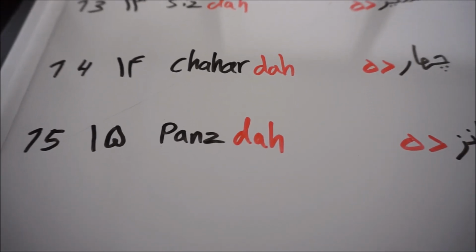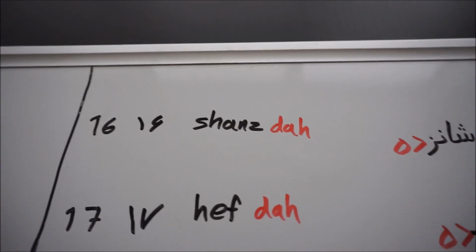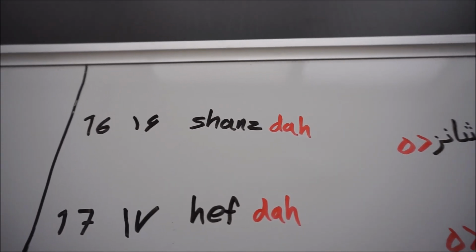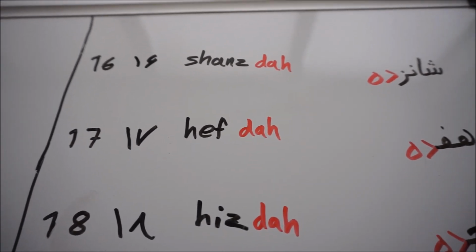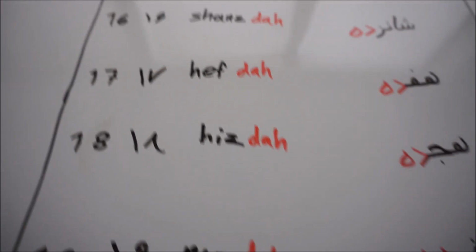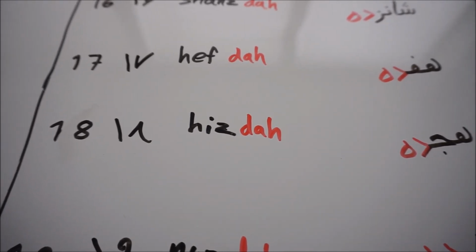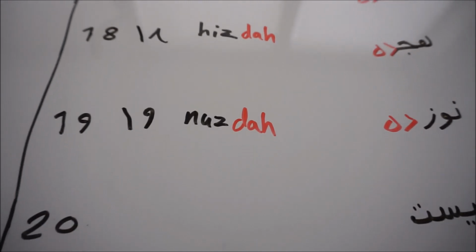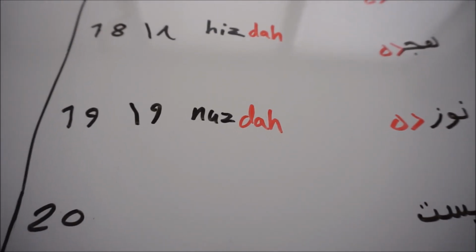Number 15 is panchta. Number 16 is shansta. Number 17 is hifta. Number 18 is hishta. And finally, number 19 is nushta.